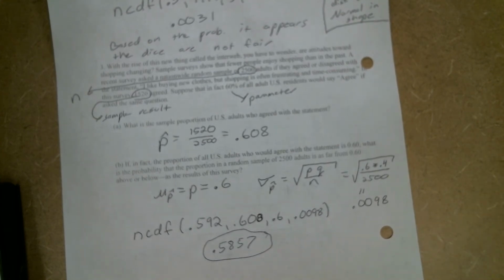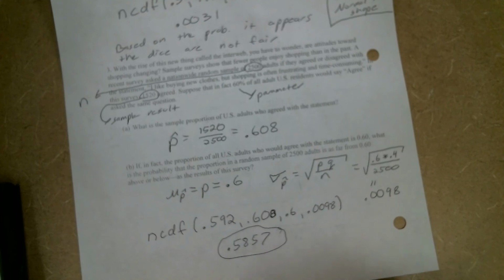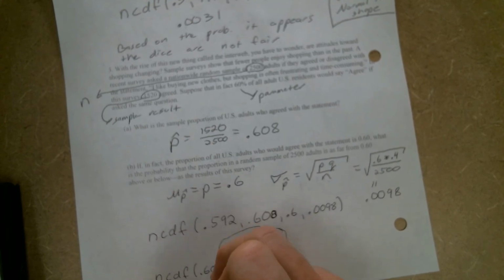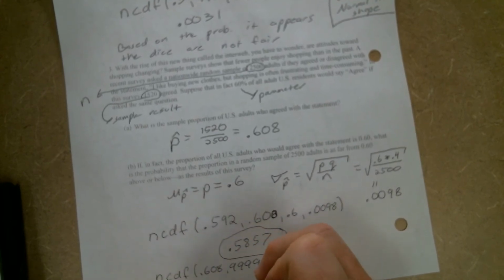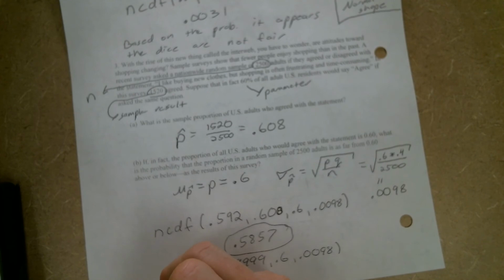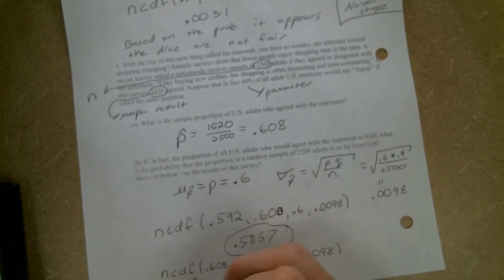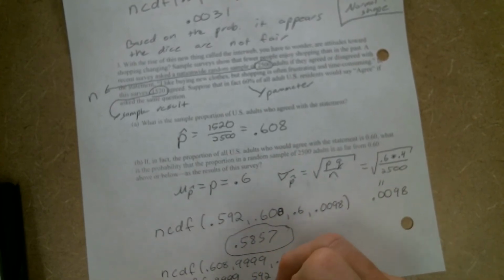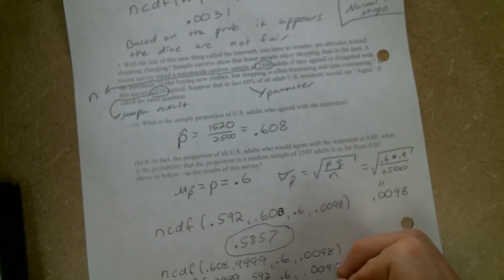Now, if you wanted to know the probability that it's above that 0.008, then you're looking at an NCDF from 0.608 to 9999. And then you'd have to do the same thing in the other direction and add those together. So negative 9999 to 0.592, 0.6, 0.0098.